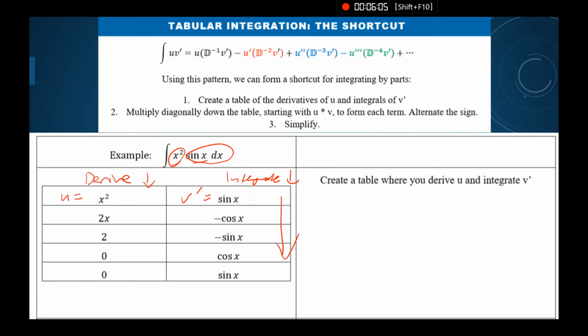If I derive 2, I get 0. If I integrate sine, I get negative cosine. If I integrate negative cosine, I get negative sine. If I integrate negative sine, I get cosine. If I integrate cosine, I get sine. Okay, then following this pattern that we have up here, my original u should be multiplied by the first integral of v prime. So that's x squared times negative cosine of x.